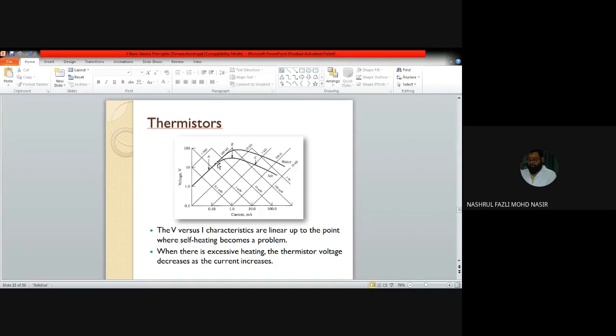Usually we just take this point. For another material, maybe at 1 milliampere and maybe 60 or 70 volts, it's still good.